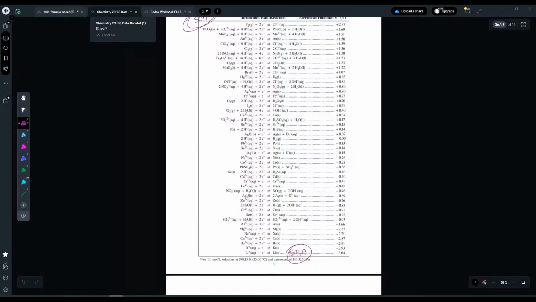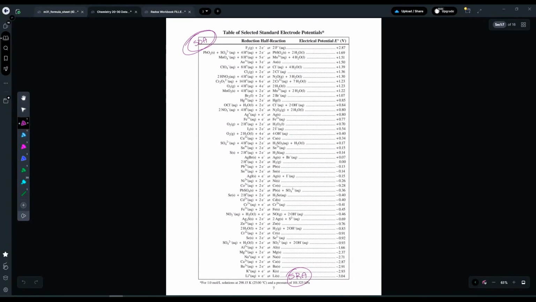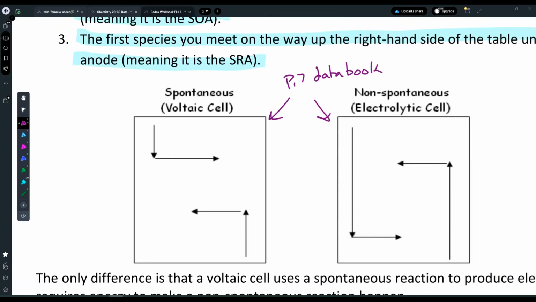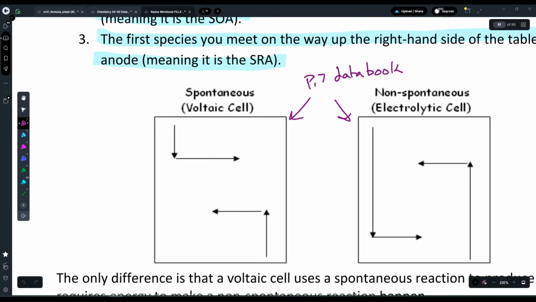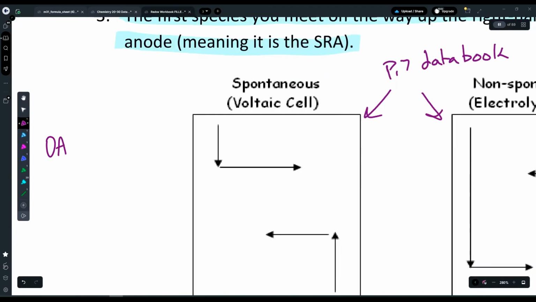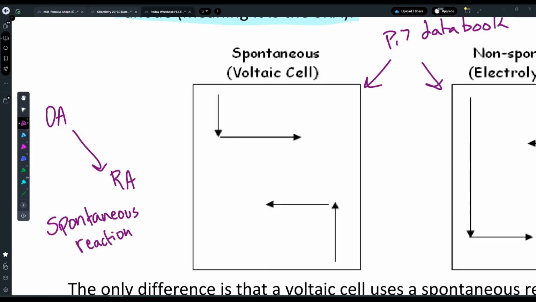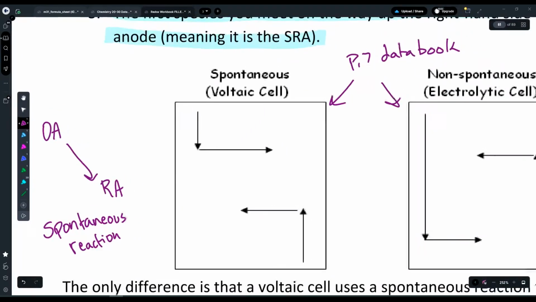So if I look at it really quickly, what we're going to notice is that for voltaic cells, which operate using spontaneous reactions, our OA, or oxidizing agent, will be above our reducing agent, or RA, and that results in a spontaneous reaction. Okay.